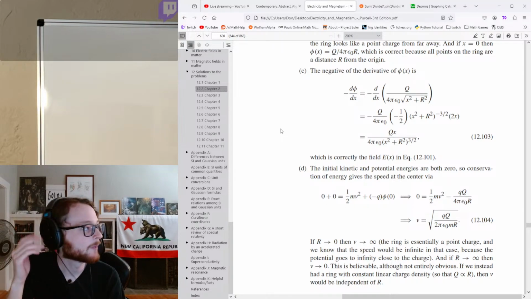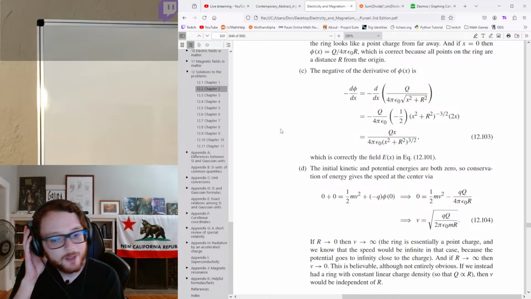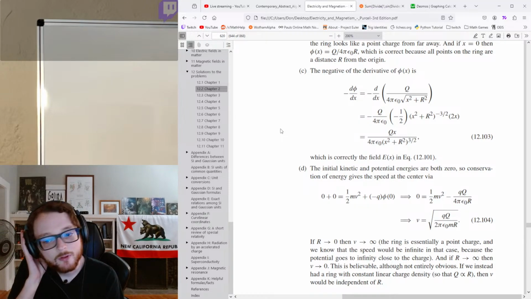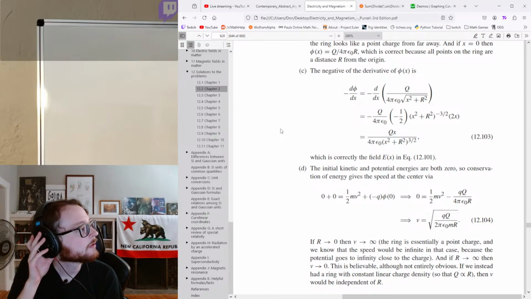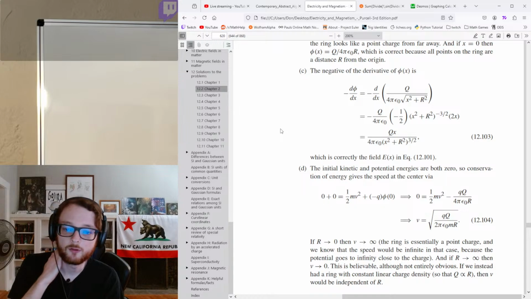And of course, I did mine with the linear density. Does mine match though? Lambda is equal to big Q over 2 pi big R. So this does match, okay.